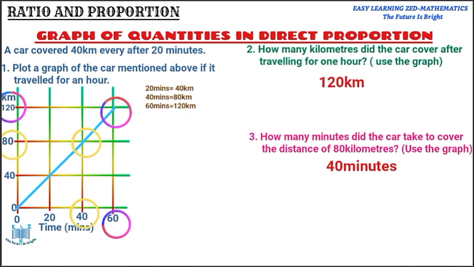Okay, so it took 40 minutes. So that is the correct answer. So basically, this is how you answer questions, or you plot the graph of quantities in a direct proportion. So this is how you also get the quantities from the graph, as well as how you plot the graph from the quantities in direct proportion.